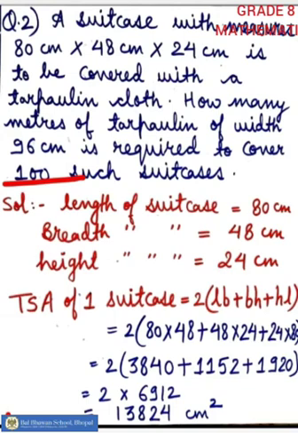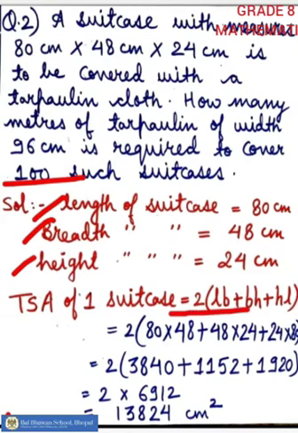Why total surface area only? Because whenever a suitcase has to be covered with a cloth, it is covered around all the faces of it. None of the faces is left uncovered. So we'll take out the total surface area of one suitcase first. So length, breadth and height are written over here.